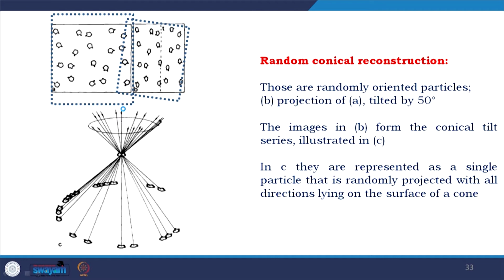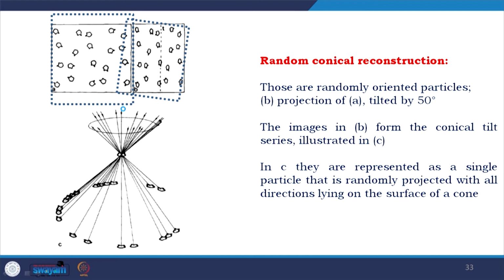This is the one. So, A, B, C, three parts of the picture. This is called random conical reconstruction. The randomly oriented particles in A are projected in B by tilting 50 degrees. The images in B which you are looking at form the conical tilt series.